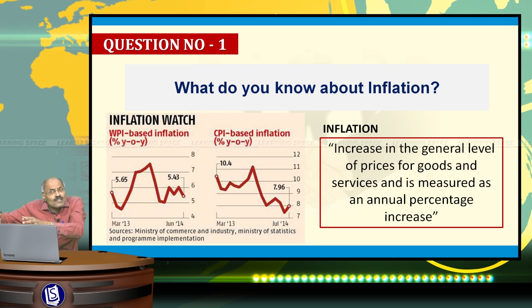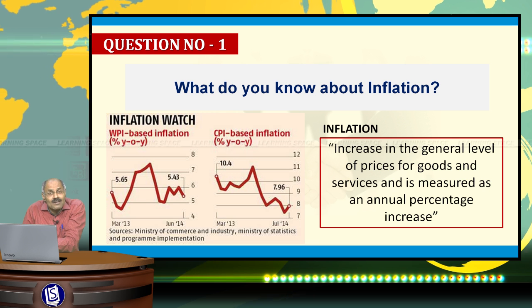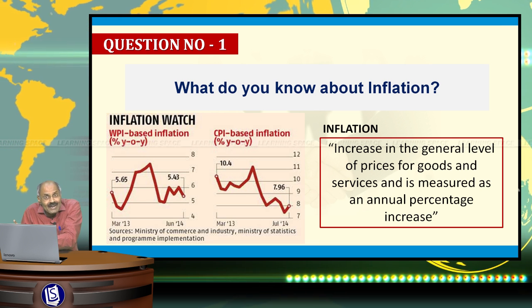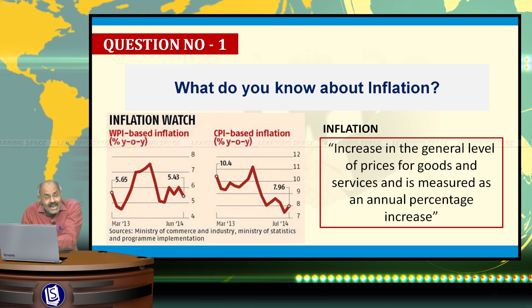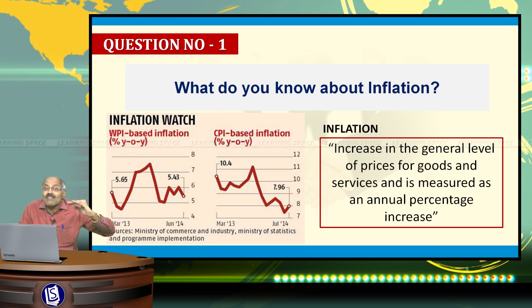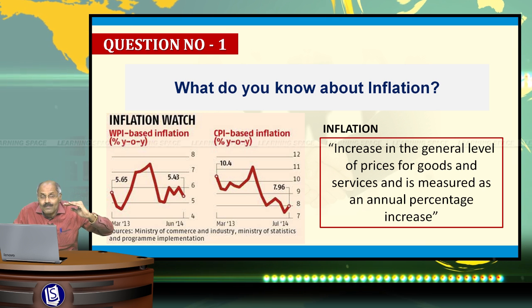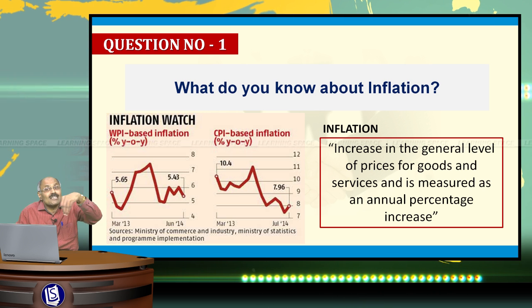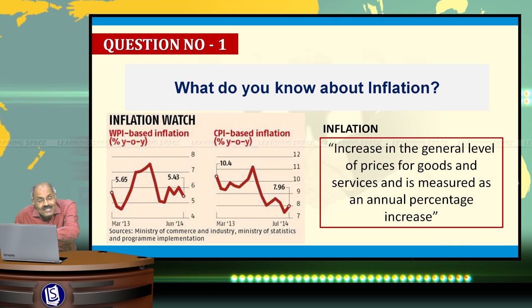If you look at consumer price index based inflation, food and beverages has got the maximum weightage in consumer price index based inflation. That's why consumer price index based inflation reflects inflation at the common man level. That's why Reserve Bank of India takes into account this consumer price index based inflation.